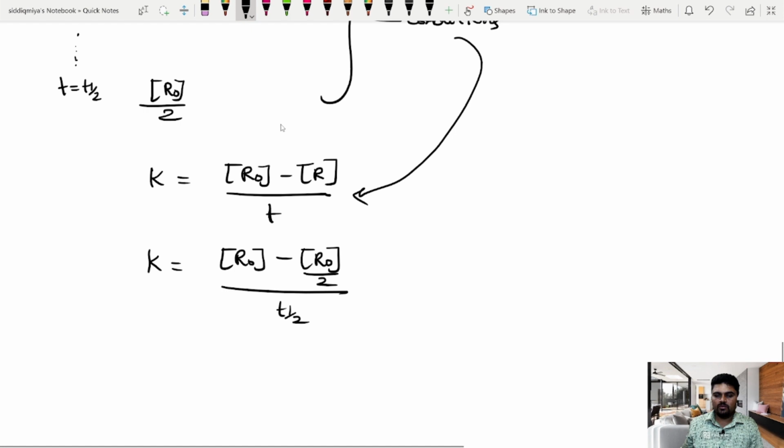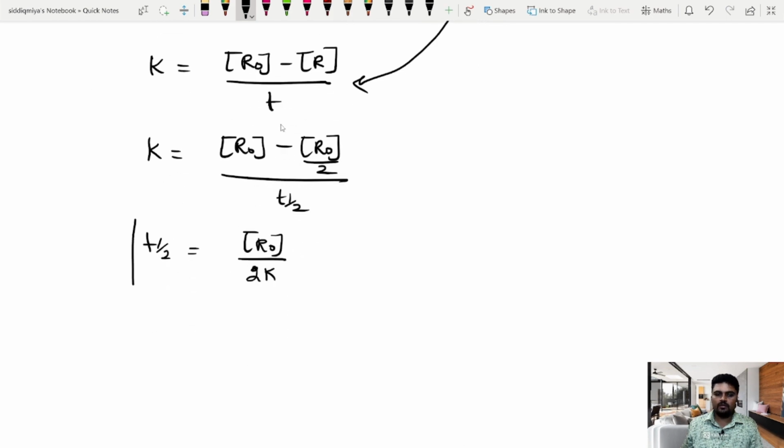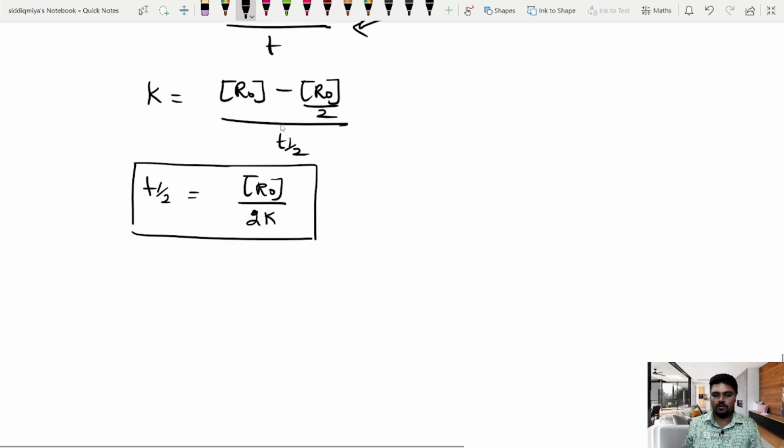T half, because we are finding T half. T half is equal to R naught by 2K. This is the important formula. Also we can write T half is equal to R naught, the initial concentration, or A by 2K.